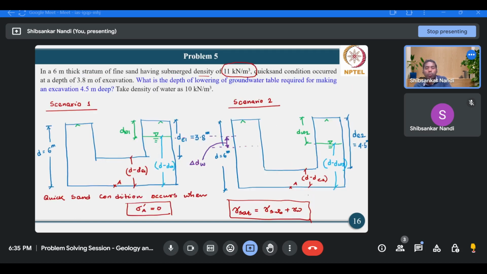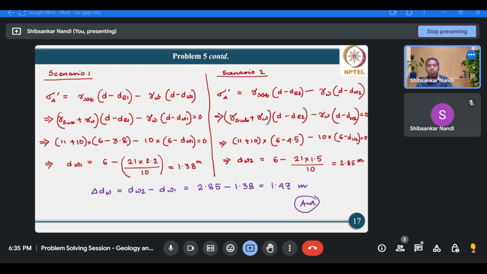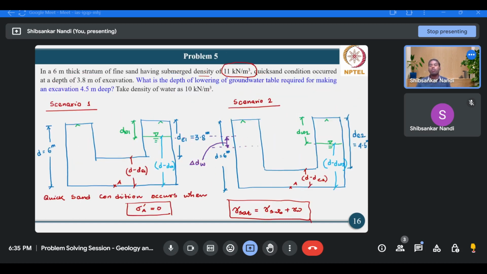So we have to lower the depth of the groundwater table by an amount of 1.47 meter to make an excavation 4.5 meter deep.